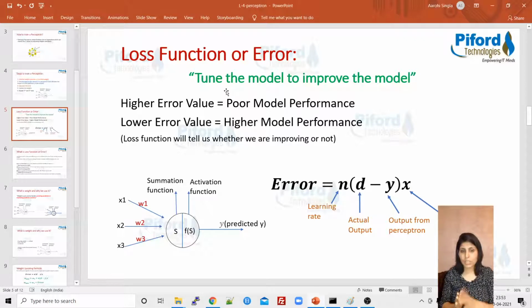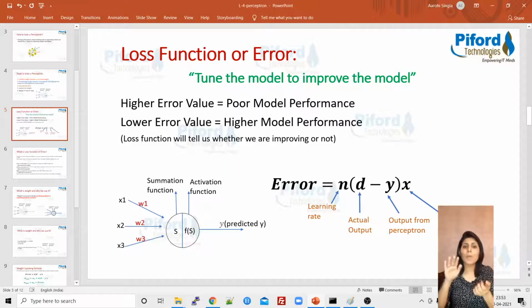Let's suppose that when you calculate the error, the error value is high. A higher error value means your model is performing very badly; the model performance is very poor. Only then would the error be high.